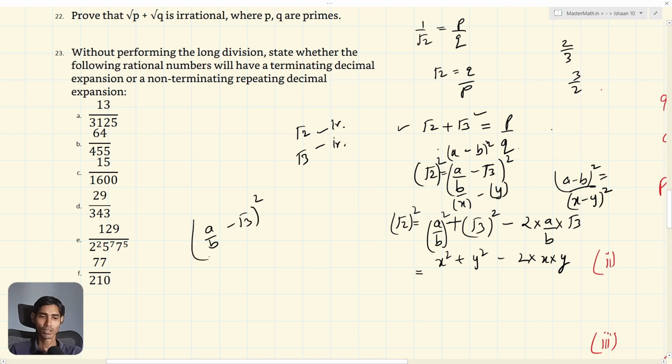How do you solve this? It is x minus y whole square. So x square, a by b whole square, plus root 3 whole square, minus 2 x y. Okay, sir, I got it.